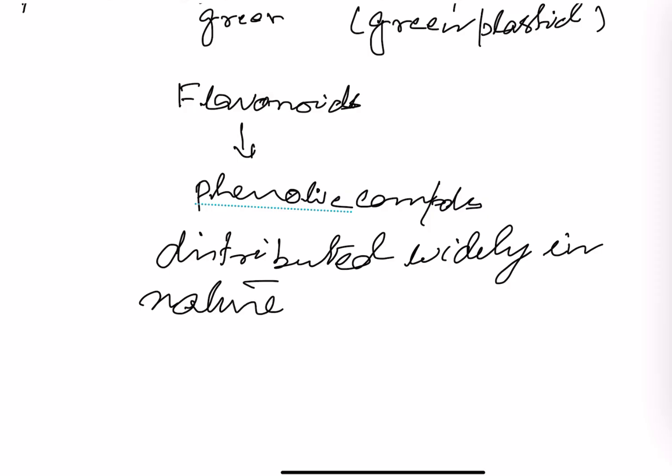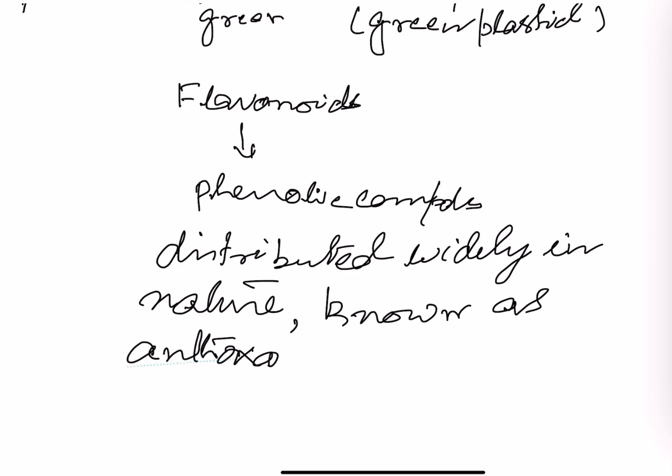And it is known as anthocyanins. As I told you, it is a sap pigment. It is sap soluble and occurs in the cell sap of the plant. It means these are water soluble pigments.